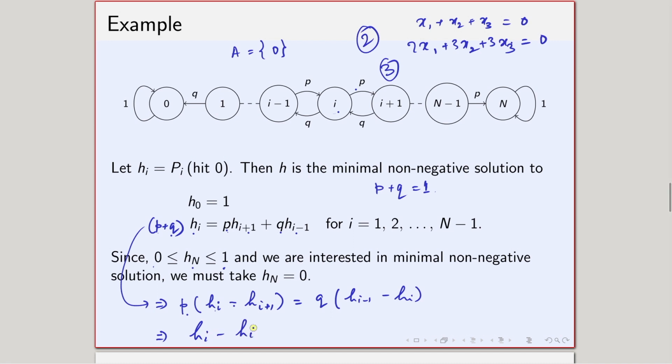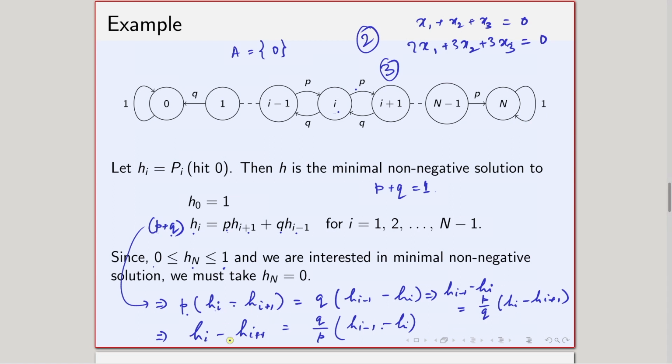So I get this difference equation, which is nothing but Hi minus Hi plus 1 equals Q by P into (Hi minus 1 minus Hi), or I can also write Hi minus 1 minus Hi as P by Q (Hi minus Hi plus 1). Both of them I can write.